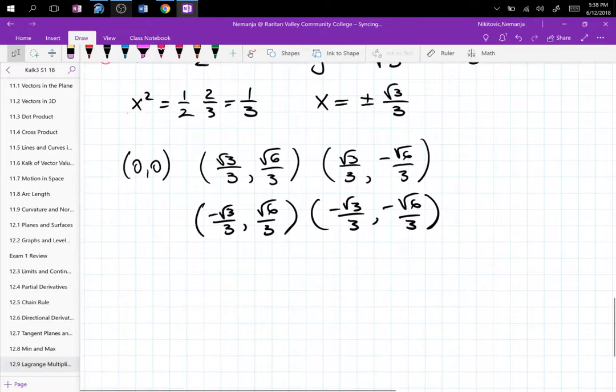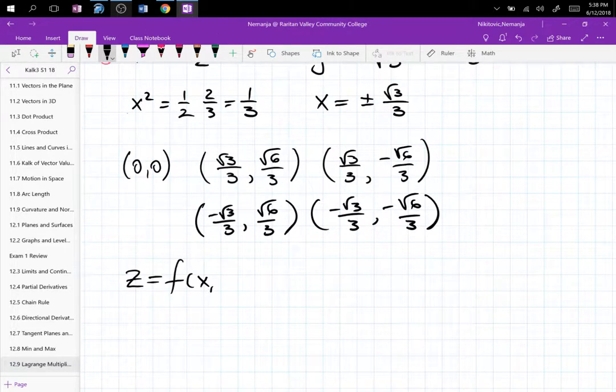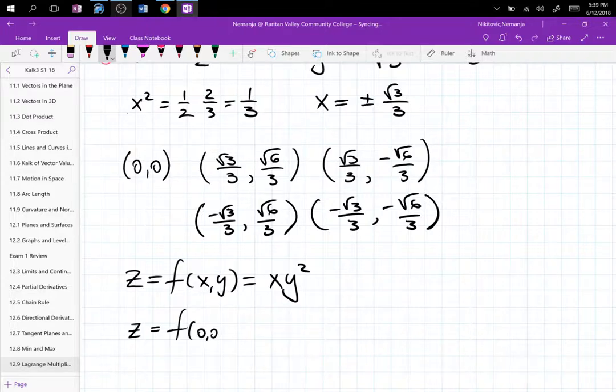So now, to finish this off, we have the equation z equals f of x y, which was x y squared, I believe. Yep. And f of 0, 0 is going to give us big fat 0. So that's the point 0, 0, 0.